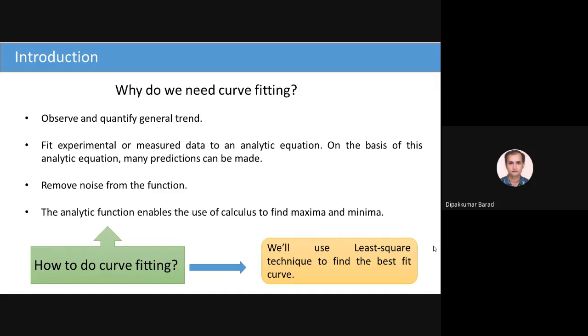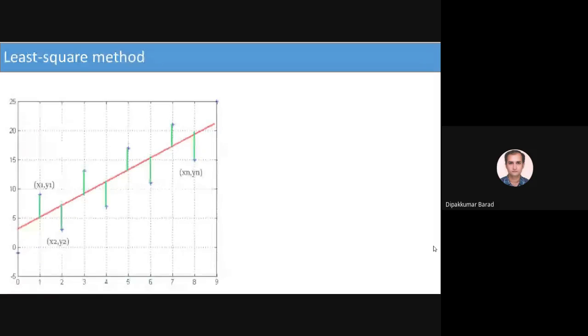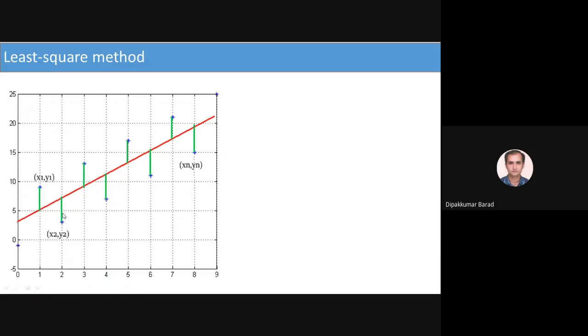Now, the least square technique means, suppose you are given some data x1, y1, x2, y2 up to xn, yn. We want to find a curve such that the distance between the points and the curve is minimum. But now see this distance.